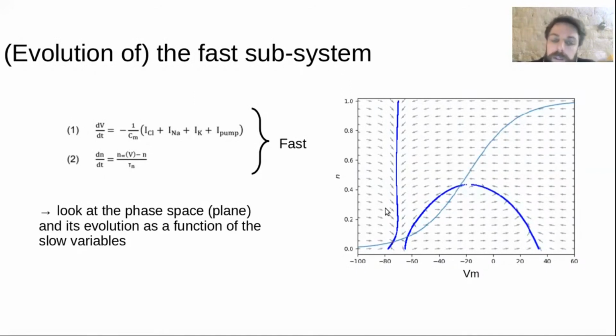And we can consider the slow variables as parameters and recalculate, for each point of the evolution of the slow variables, what the phase plane of the fast subsystem looks like.